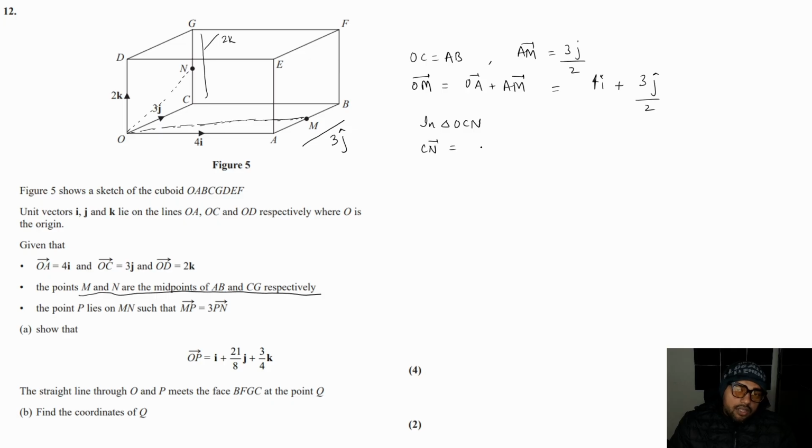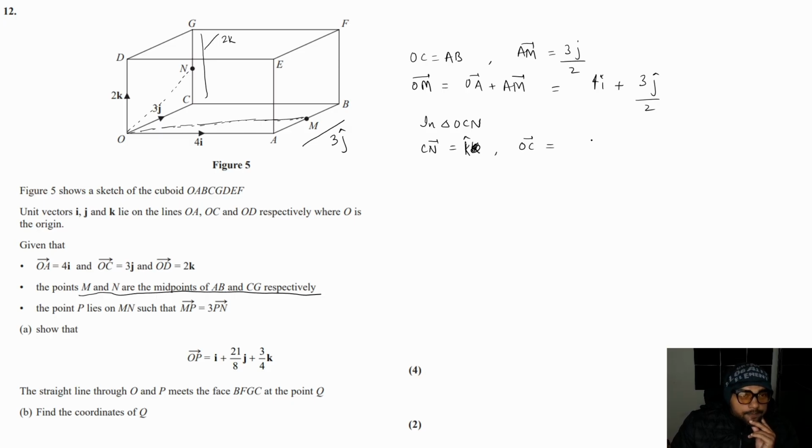CN will be equal to 2k by 2, since N is the midpoint of CG, and we have already observed that the value of CG is 2k, so CN will be k vector.